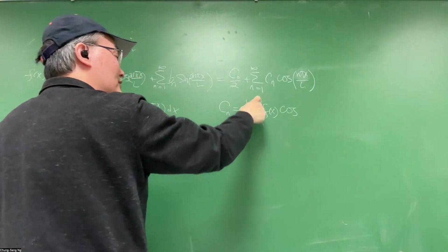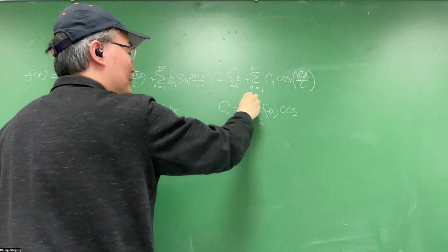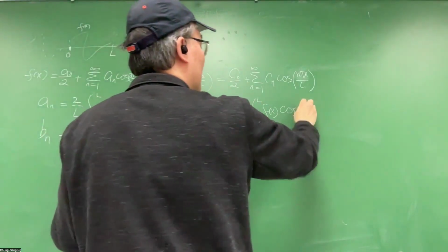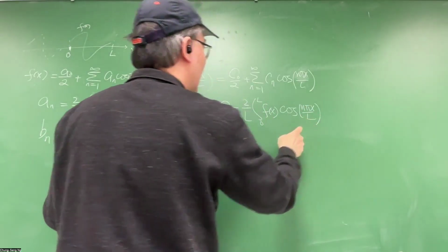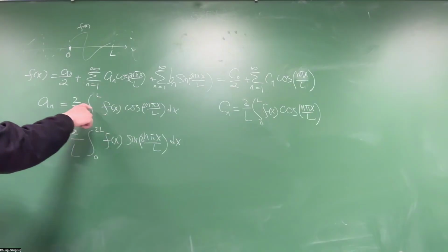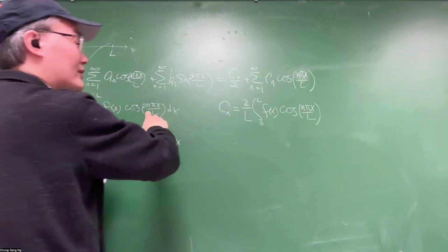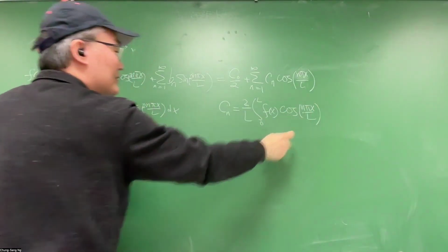You integrate from 0 to L, you just get half of that, so you need to multiply by 2. Okay, but this is still different from that. So the coefficient is the same, but this is n pi x.